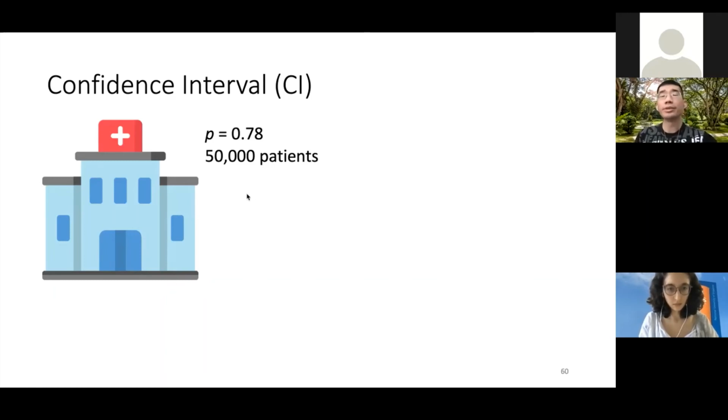So for example, say we are looking at accuracy, but this could be any other metric, okay? And we find that the accuracy of the model on all 50,000 patients is 0.78. So this is called the population accuracy, here with small p, okay?